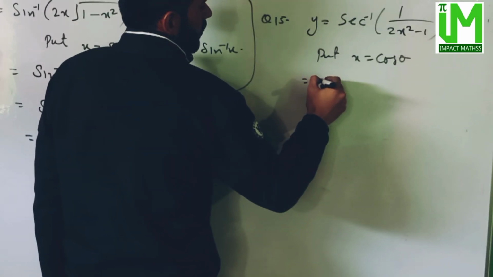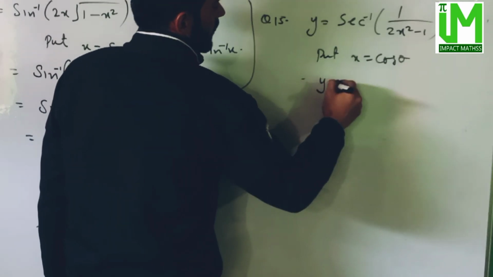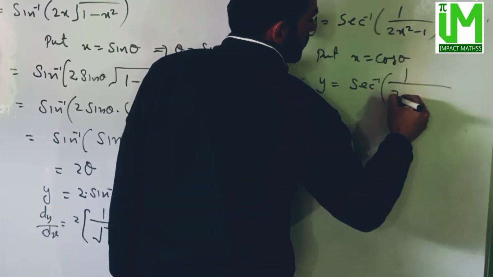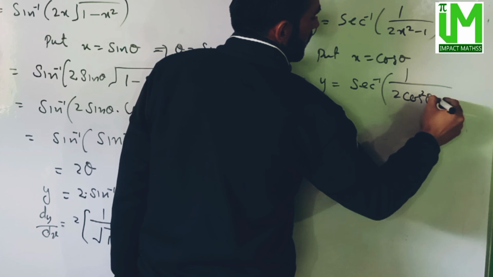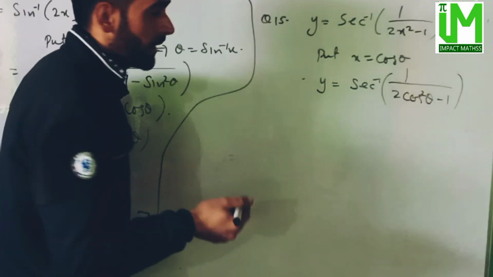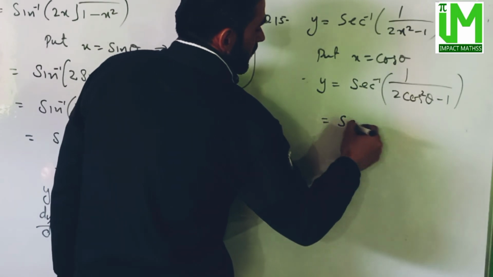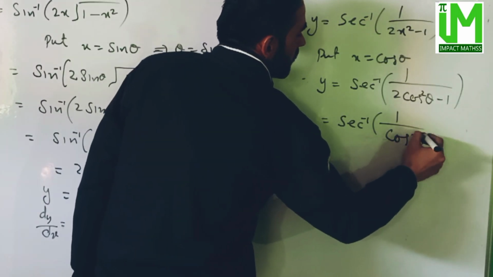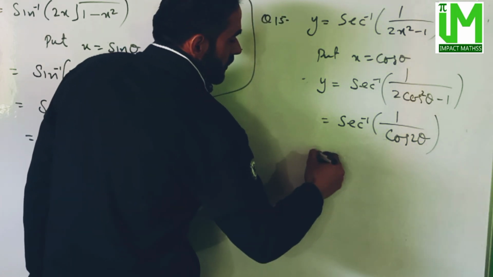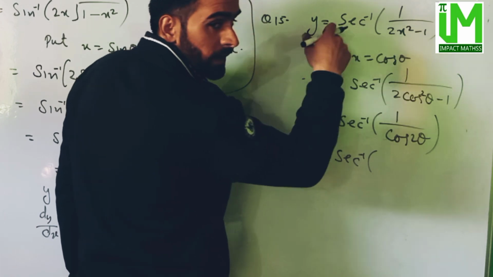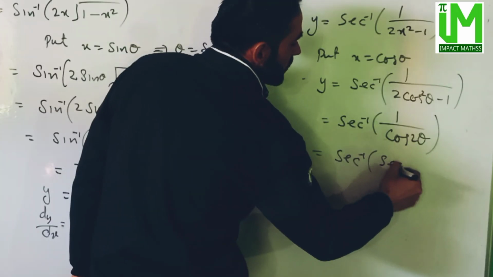So we have y is equal to sec inverse of 1 divided by (twice cos square theta minus 1), and twice cos square theta minus 1 is equal to cos 2 theta. So it will be sec inverse of 1 divided by cos 2 theta. Bringing it up, it will be sec inverse of sec 2 theta.